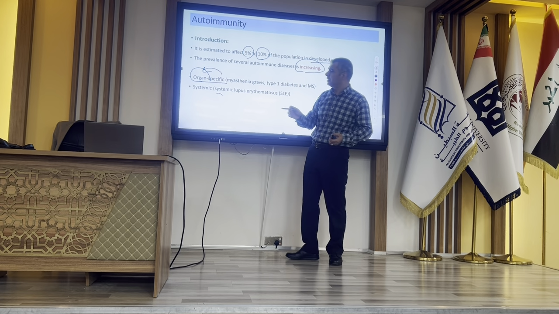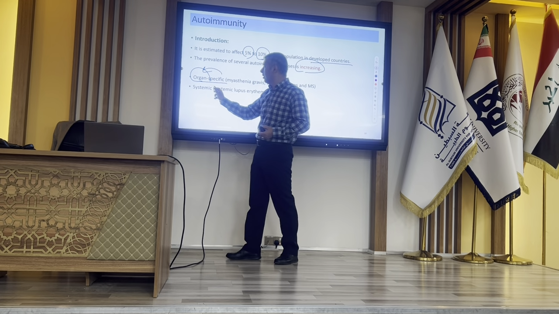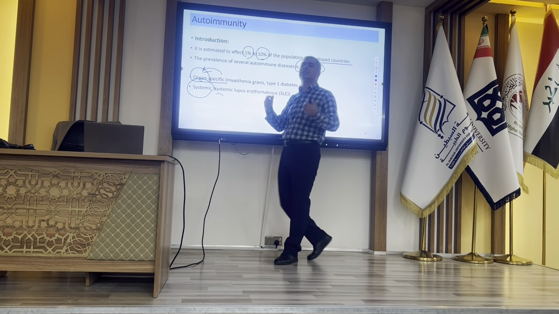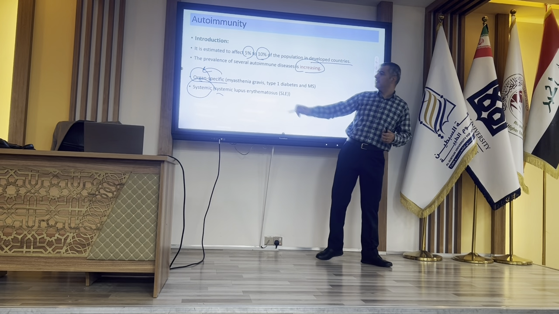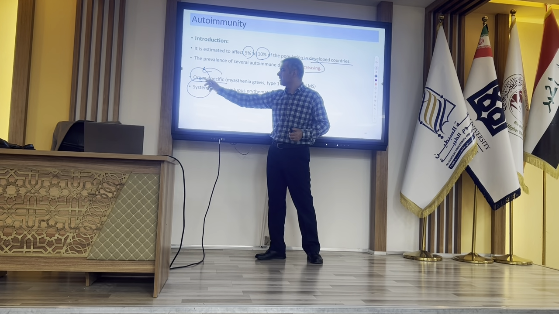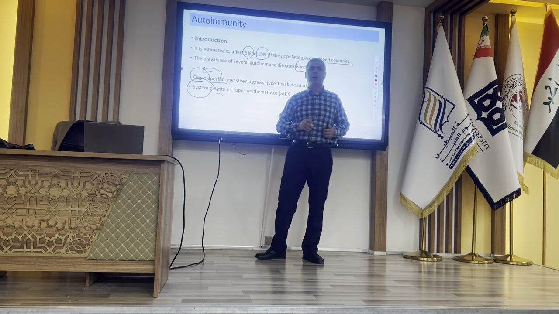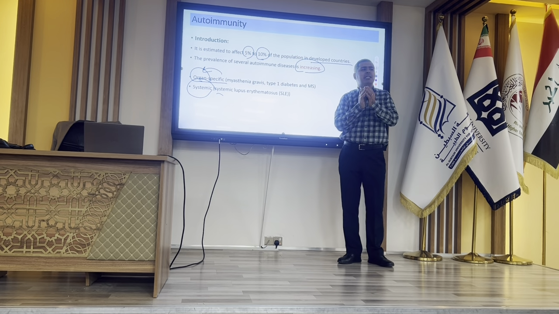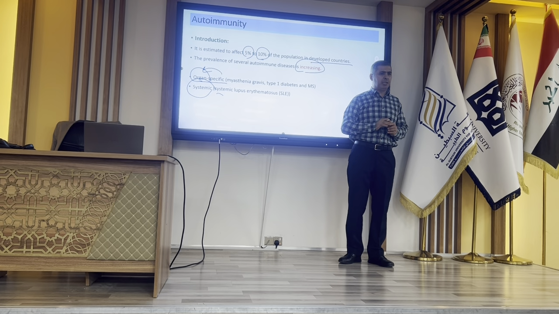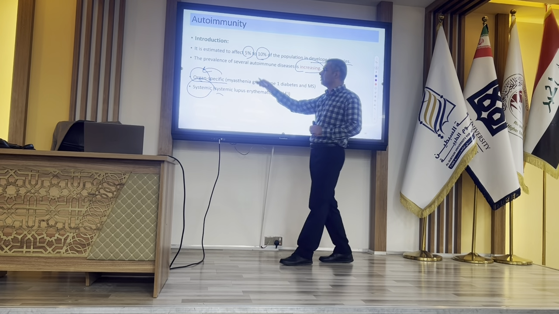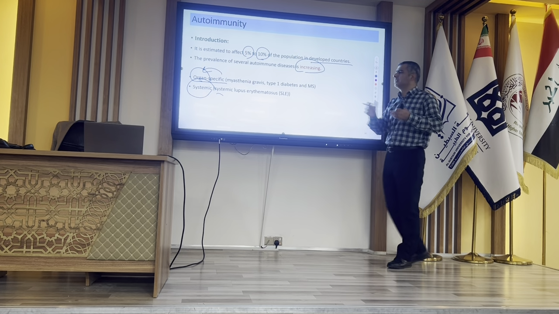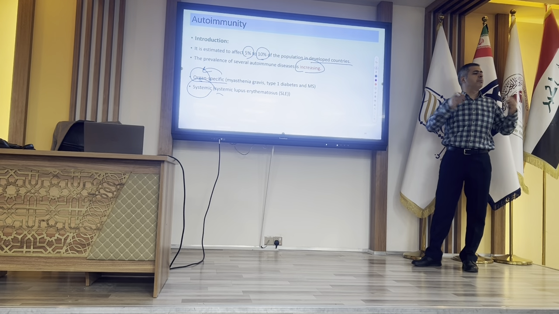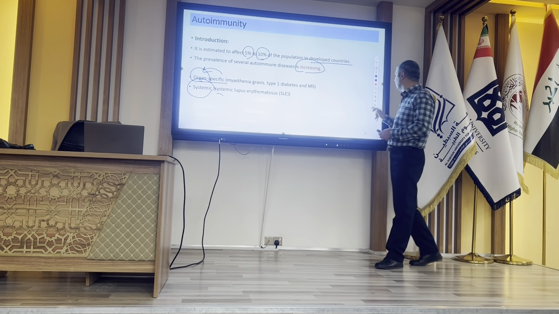But if the antigen is expressed in multiple organs, it is called systemic autoimmunity. So the definition of organ specific and systemic immune response is related to the expression of the antigen. If the antigen is in one organ, organ specific. If it is expressed in many organs, it is called systemic autoimmune disease.